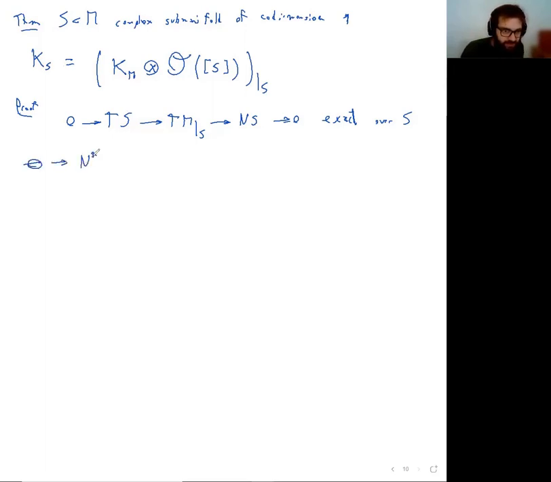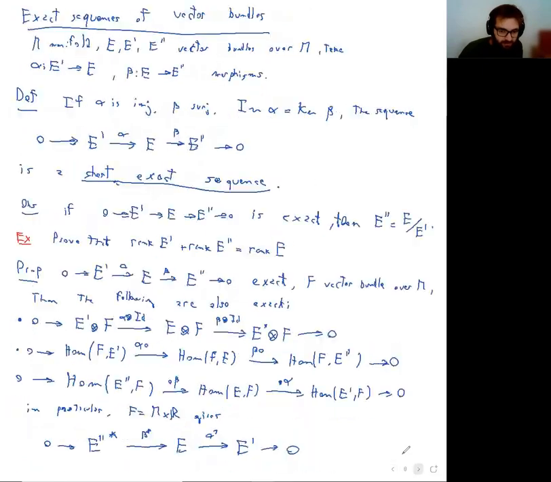Dualize and you get N star S, T star M restricted to S, T star S. The result is exact. And now, as we were saying, we can take that formula that we said before, which relates the various determinants.